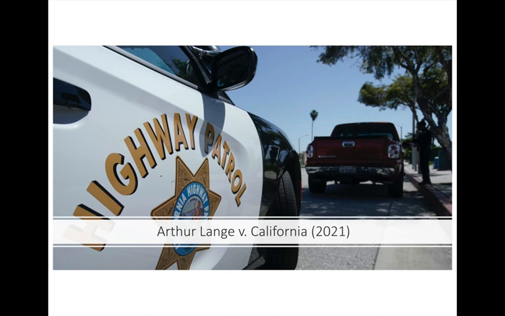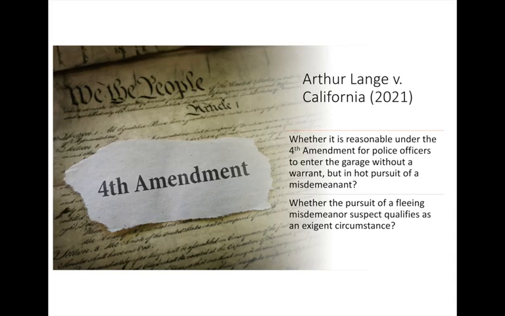And it became apparent to the officers that he was drunk, so drunk that he tested at least 3 times over the legal limit. And so he was charged with driving under the influence, which is a misdemeanor in California.